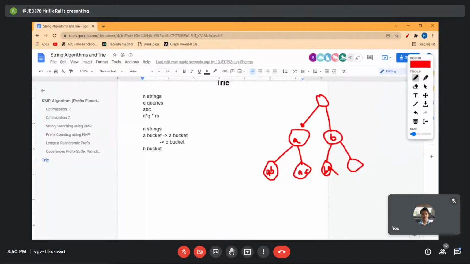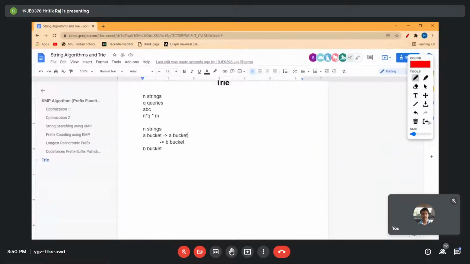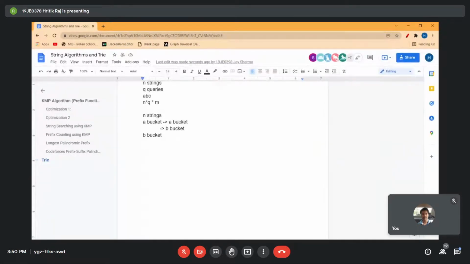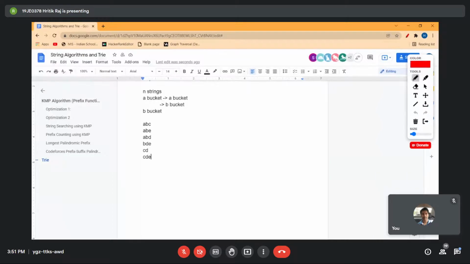Are you getting what this tree looks like? Yes, sir. Okay. So if these are the n strings, then we will try to form this type of structure.